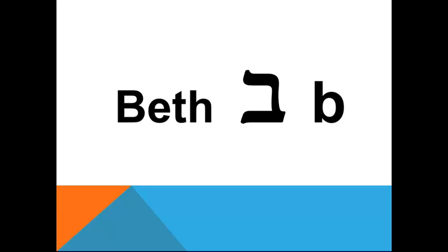Beit, however, is like B, and it's written like this: you start at the top and do the curve down, then pick up your pen and write the line at the bottom, and that's a Beit. That little hanging over part in the bottom right-hand corner is important.